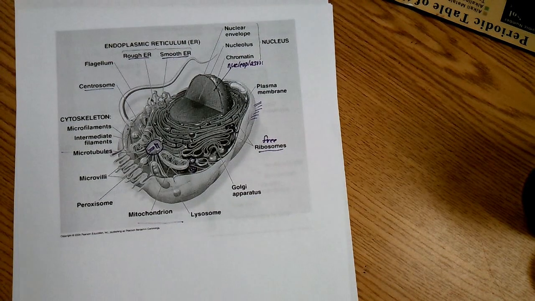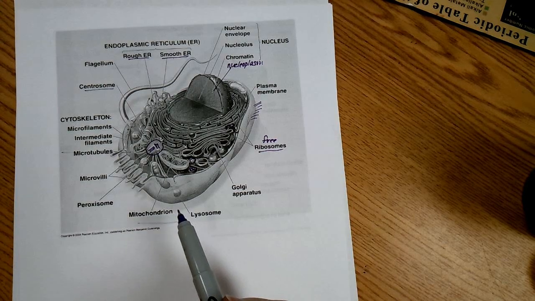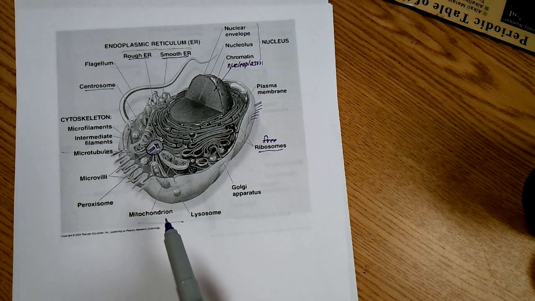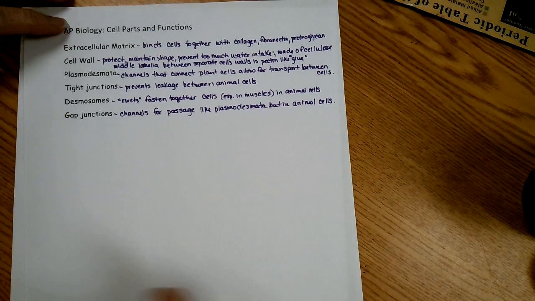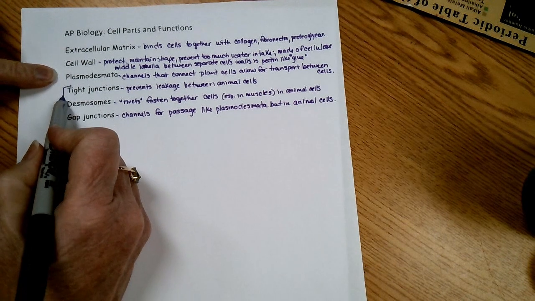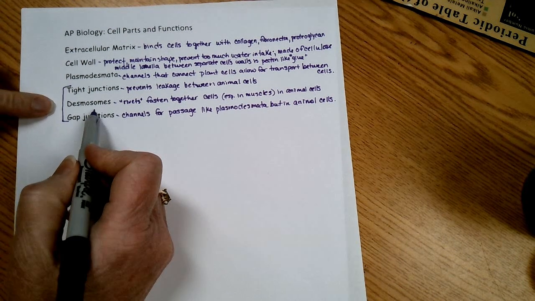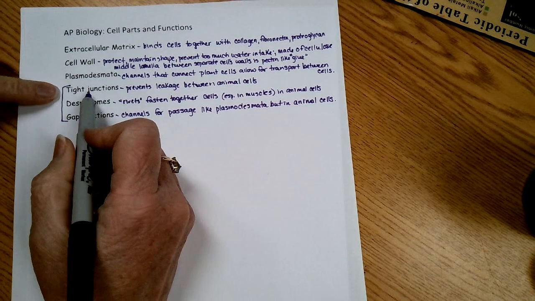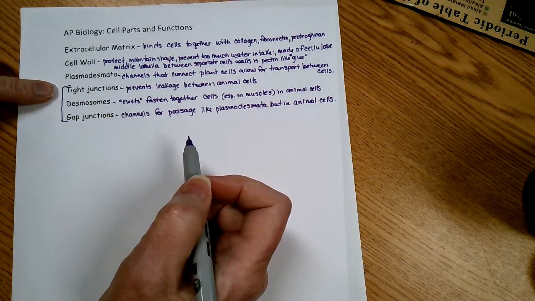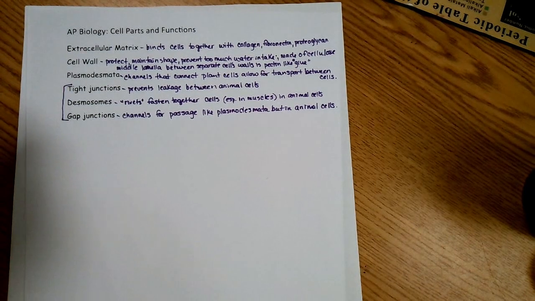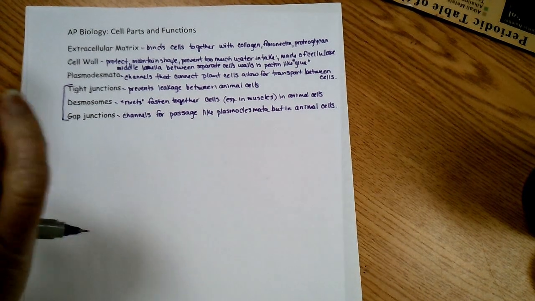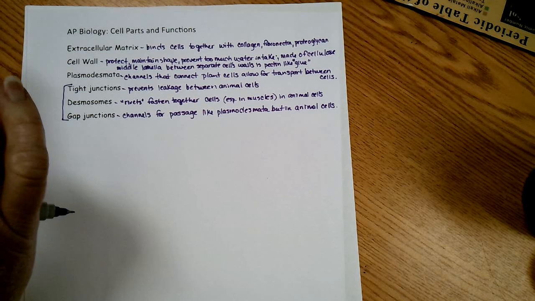Now, in an animal cell, and it's not going to show this too much, you have to really look at a diagram in your book to show you all the junctions that they have. In animal cells, I'm going to bring up the list here of structures that join animal cells together, are these three things: the tight junctions, the desmosomes, and the gap junctions. Tight junctions are just like they say. It's where two cell membranes tightly connect together and may have some protein fibers through them that actually help them connect.